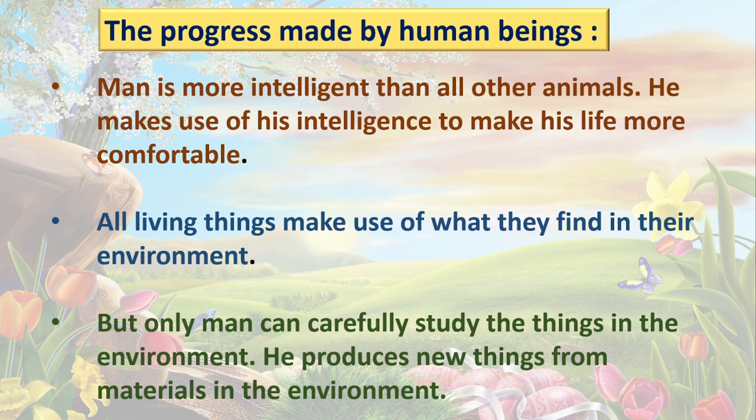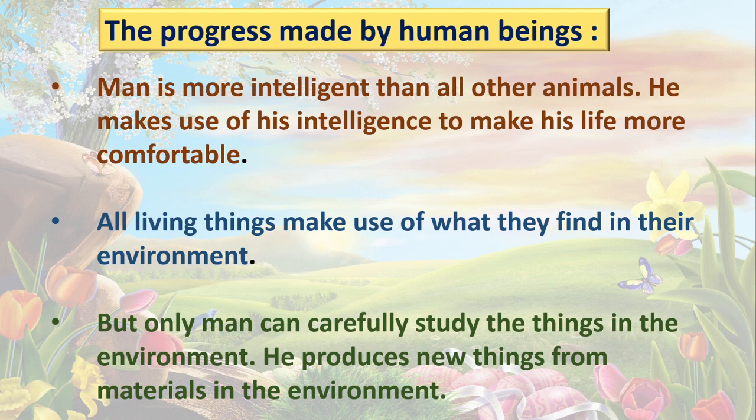Right? For example, I will tell you, here we get the fruits in the environment, different types of fruits we get in the environment, right? And you know that all animals, birds, insects, they too use these to eat, but they eat directly these fruits.